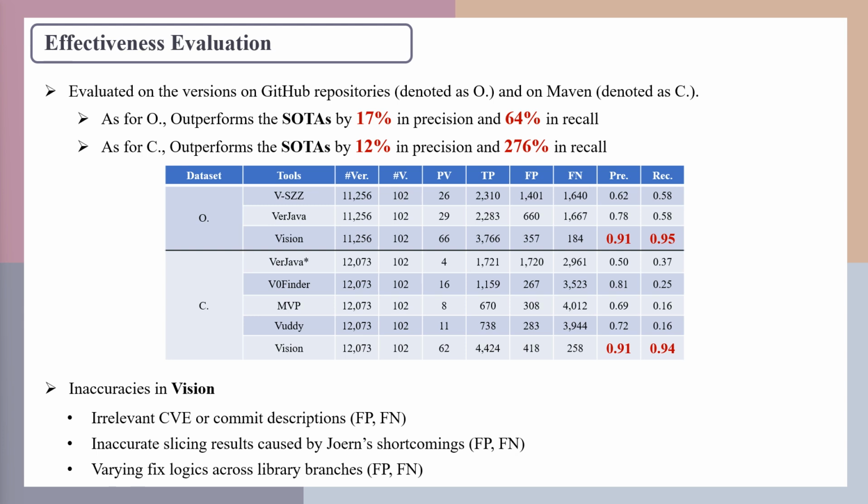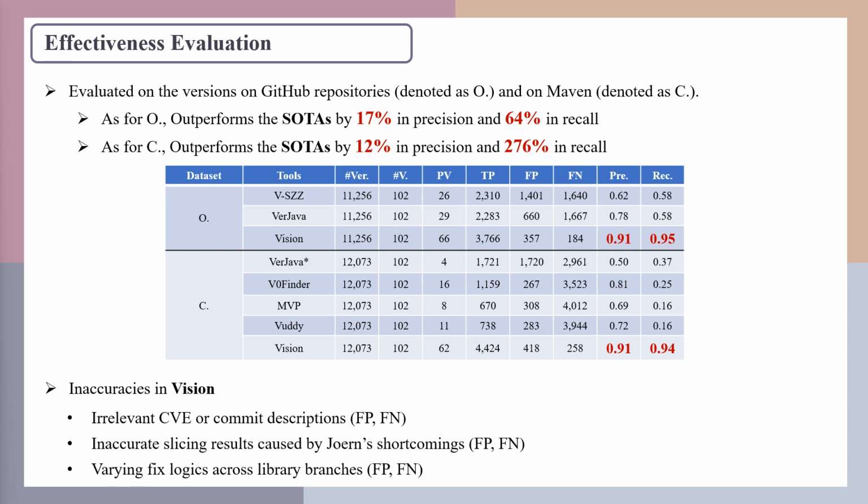We conducted an in-depth analysis of false positives and false negatives of Vision and summarized the following causes. First, the CVE or commit descriptions may contain irrelevant methods, which can mislead our critical method selection.